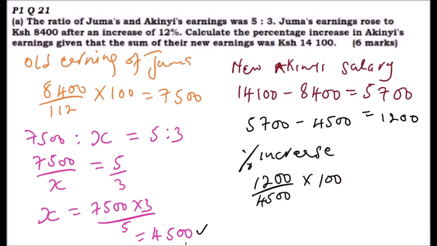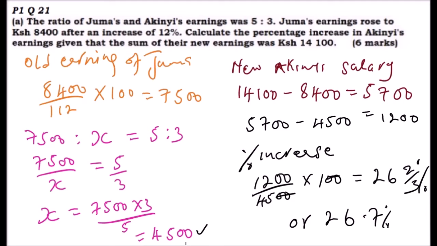So using your calculator, you can simplify that, and this will give you 26 2/3, or you can say it is 26.7%. This is percent, to 1 decimal place. So that's how you work out that question, and you get yourself 6 marks.